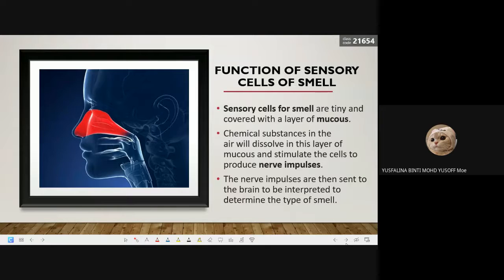When you smell it, the chemical substance will dissolve first in the mucus. Then it will stimulate the sensory cells to produce the impulse. Then the impulse will be sent to the brain by the nerve. Then the brain will interpret: this is the smell of the fried chicken. Like that, right?